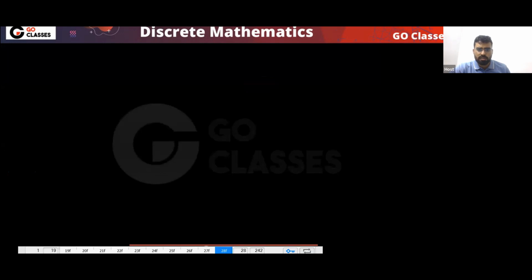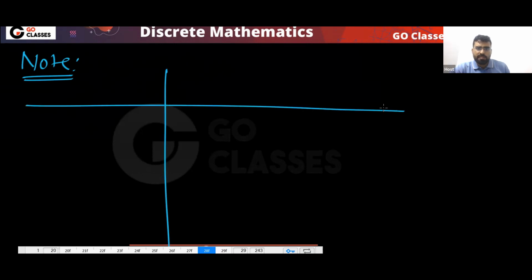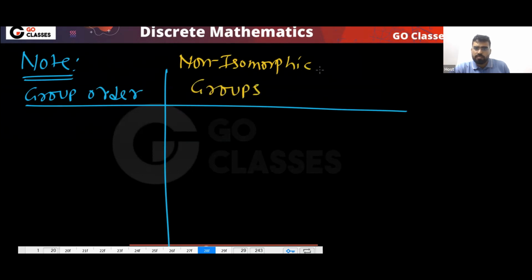Okay, so that's the point. So finally, can I say this note? This table you can take. Here I am writing the group order. Here I am writing how many non-isomorphic groups you have, and how many of them are abelian.